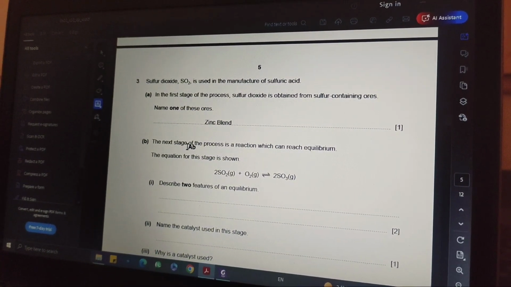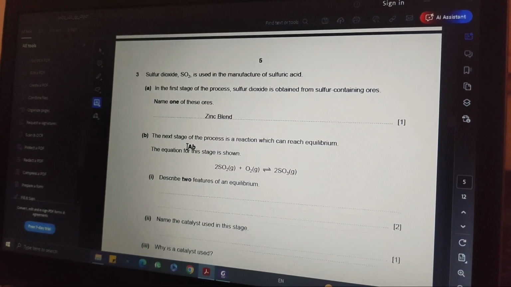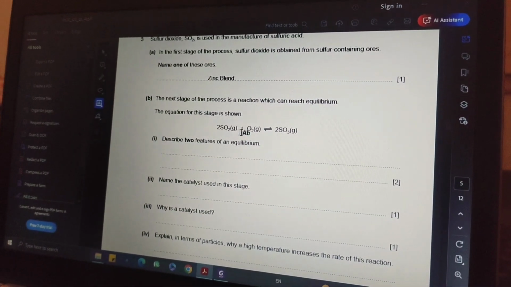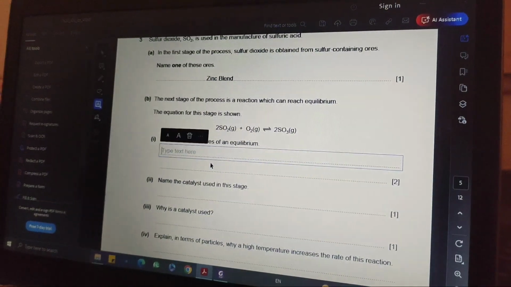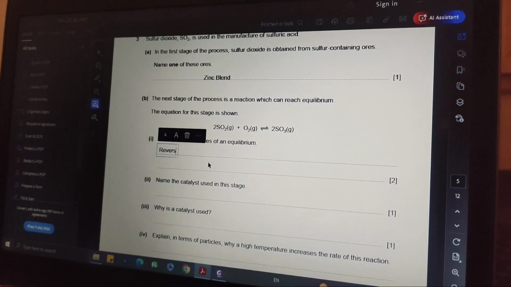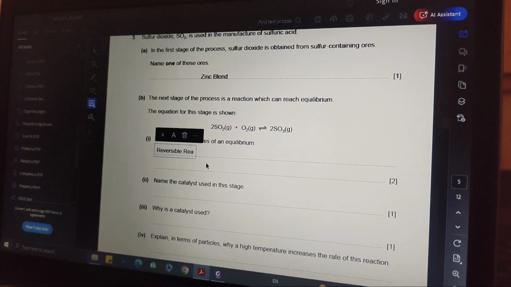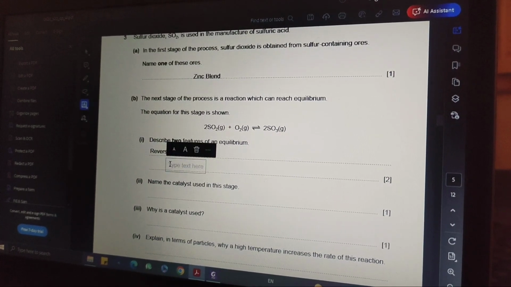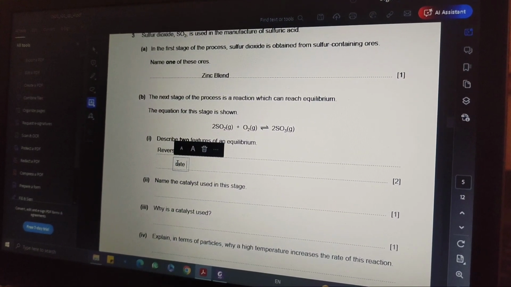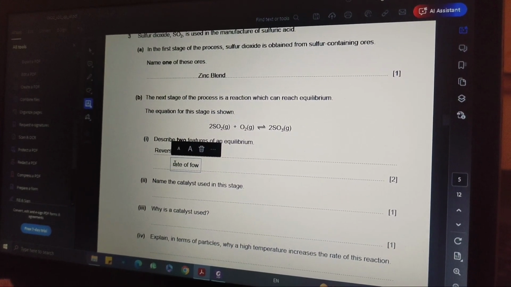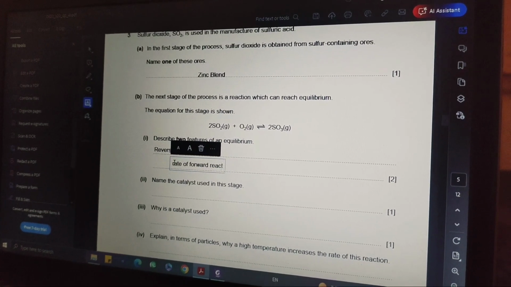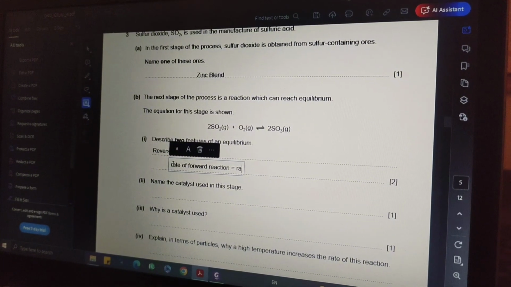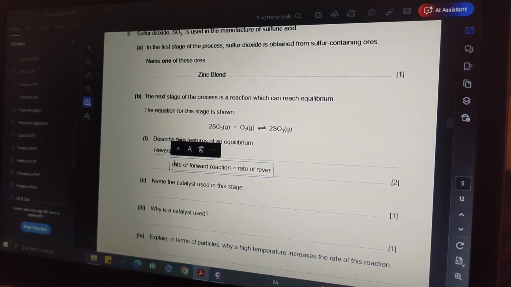The next stage of the process is the reaction which can reach equilibrium. So here's the reaction and we need to provide the two features. Obviously the reversible reaction, like the reaction can be reversed, and then the rate of forward reaction becomes equal to the rate of reverse reaction.